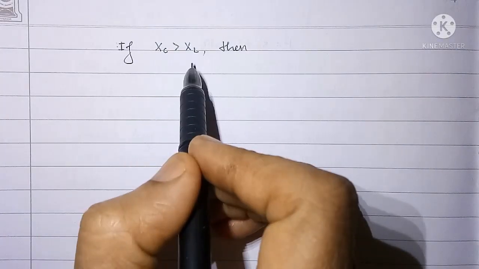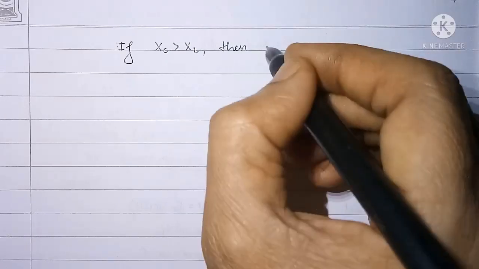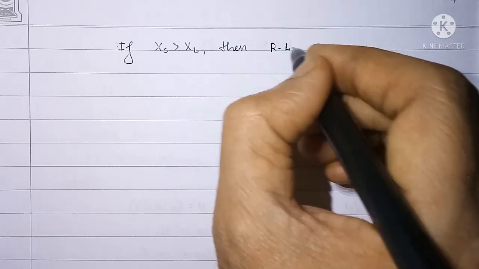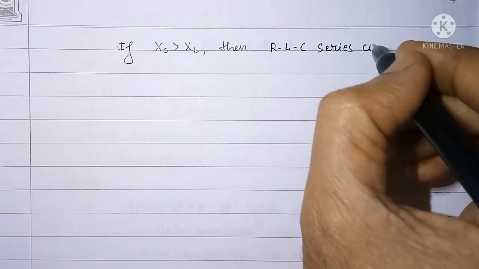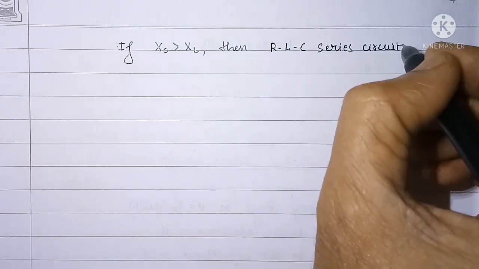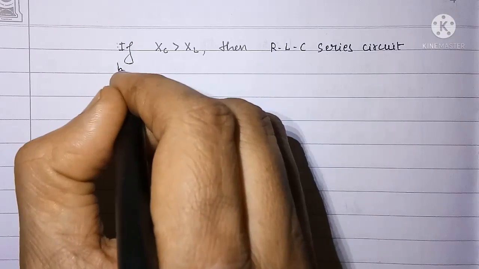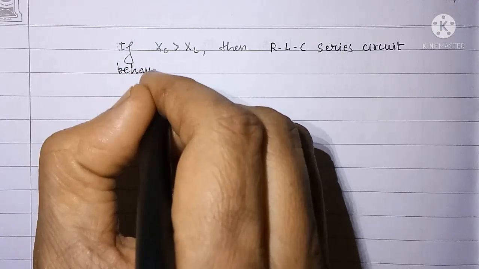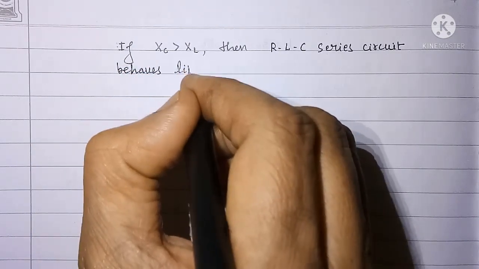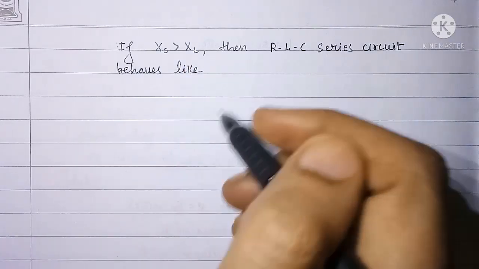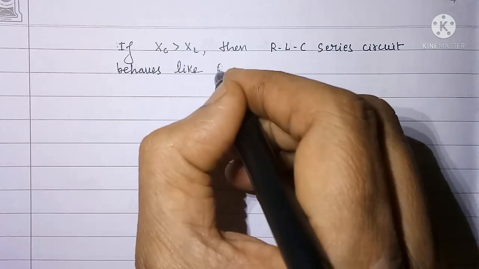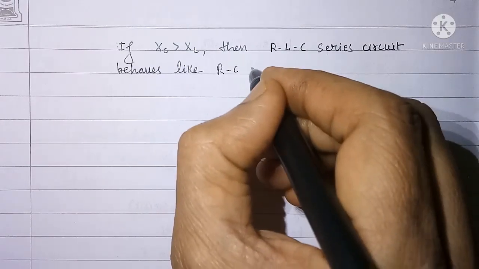If XC is greater than XL, then RLC series circuit behaves like RC series circuit.